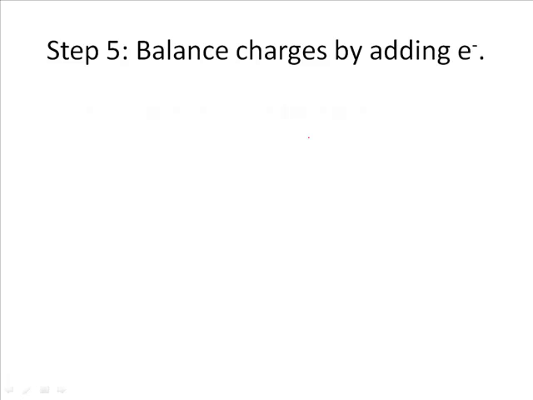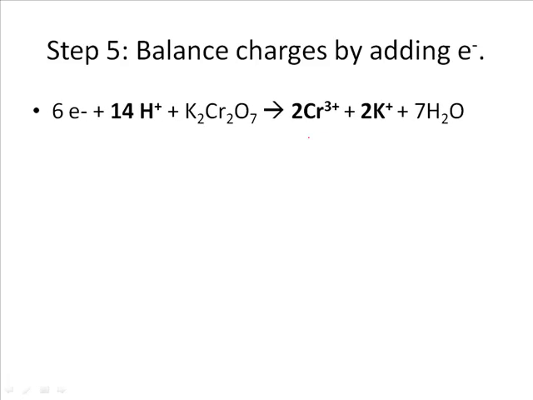Balance out the charges by adding electrons. Well, I know that in this case this is a reduction because it goes from plus 6 down to plus 3. So I need 6 electrons on the other side because this is a plus 6 charge and this is a plus, let's see, this is a plus 6, so this is a plus 12.